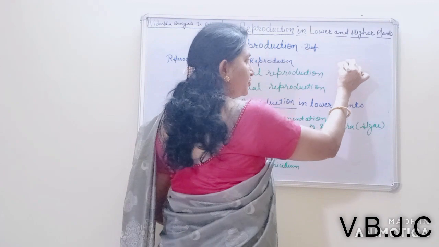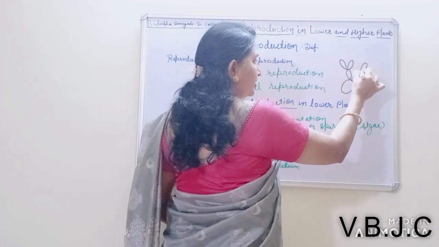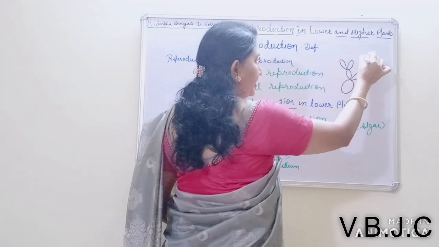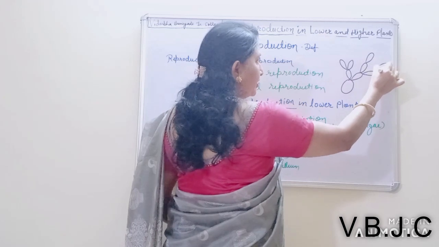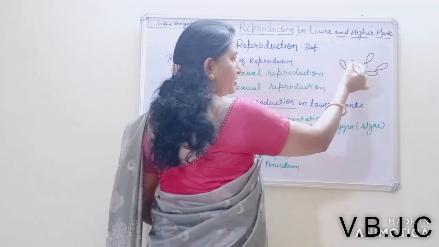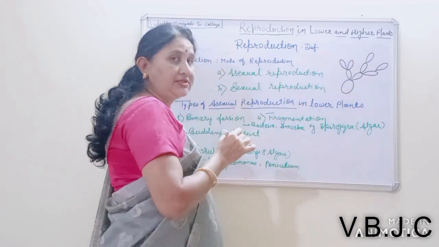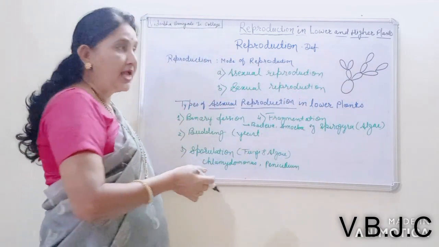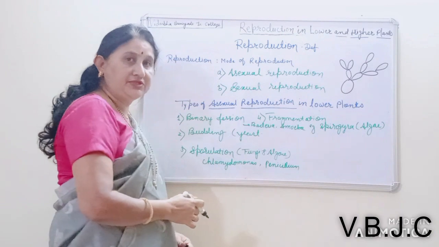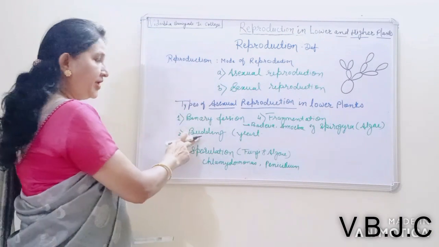In this way a chain-like or budding structure is formed, and the new cells remain attached to the parent cell. After some time they separate and give rise to new individuals. So this is about budding.